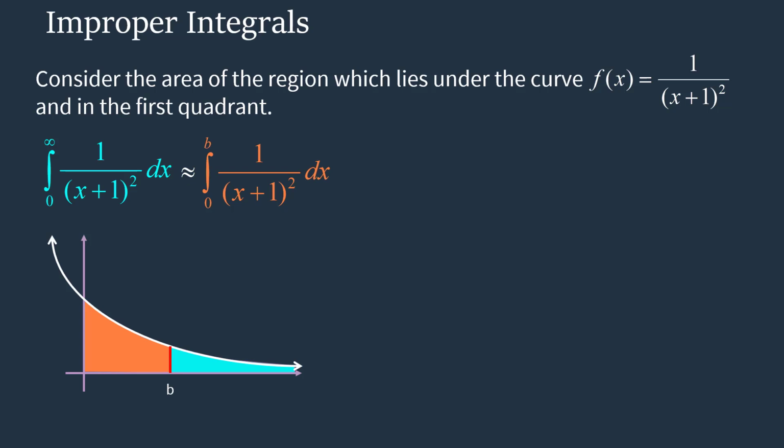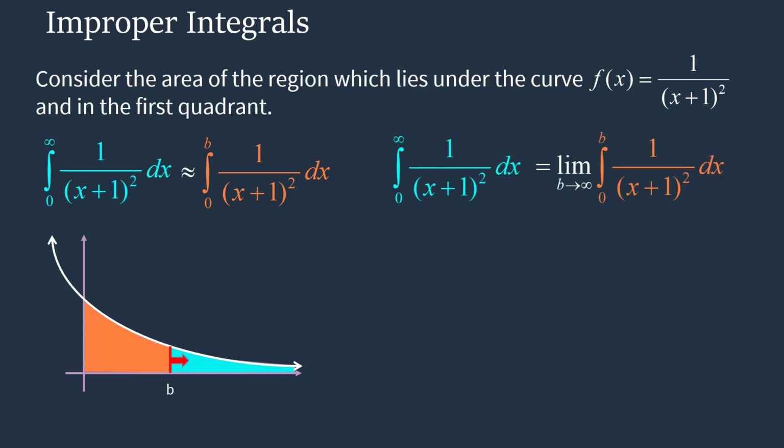So if there is a value for the definite integral from 0 to infinity of 1 over (x plus 1) squared dx, again, that's the area of the region in blue, it should be the same as just taking the limit of the definite integral from 0 to b of the exact same function dx, just as b increases without bound. Because again, it's as if the orange region sweeps out the blue.